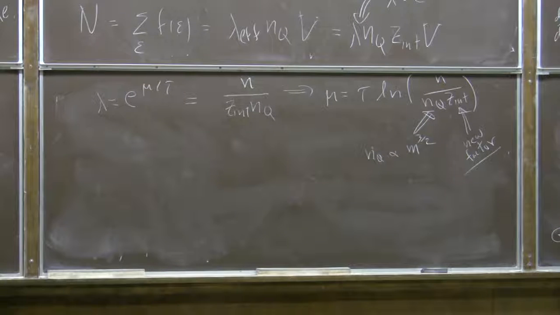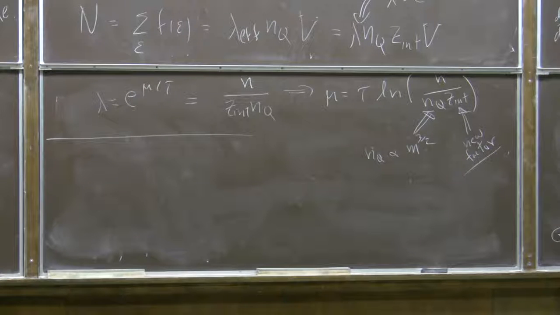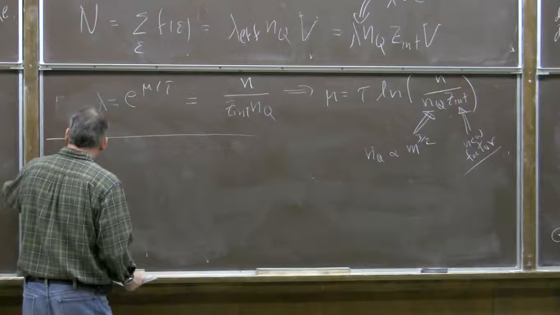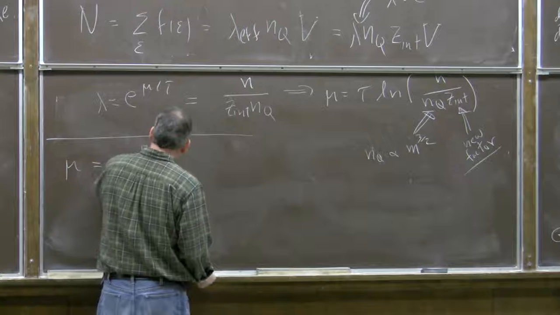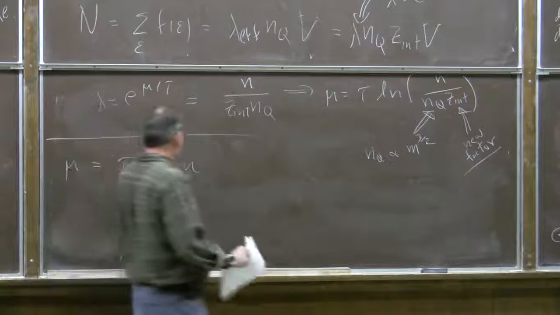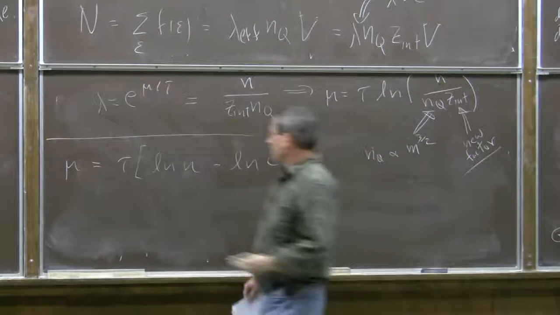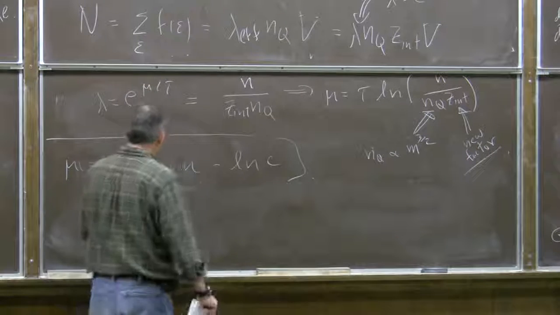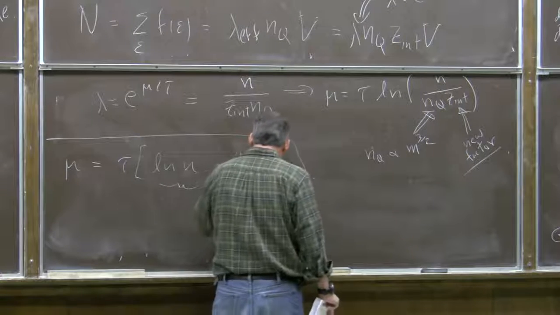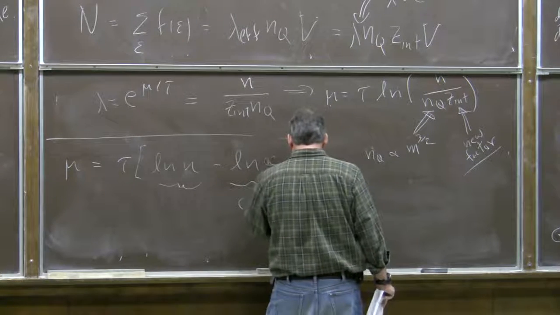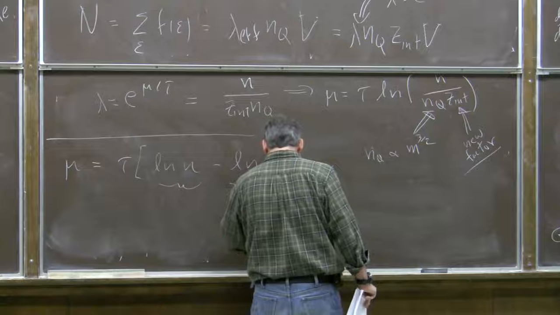Okay, since I only have a few minutes, let's just notice the following fact. I can write the chemical potential as temperature times the log of the concentration of the species minus log of some constant. So this depends on the concentration of the species, but this doesn't. C depends on which species we're talking about, but not on concentration.